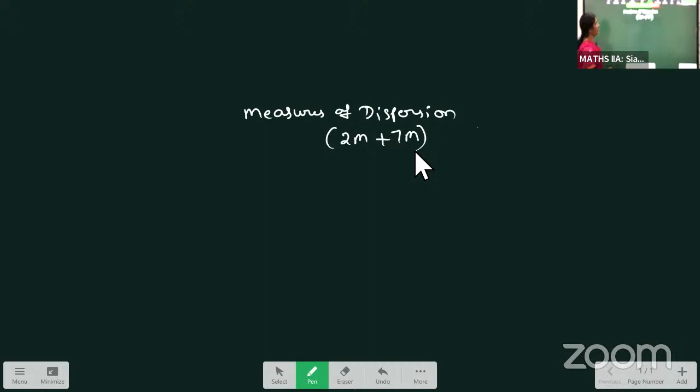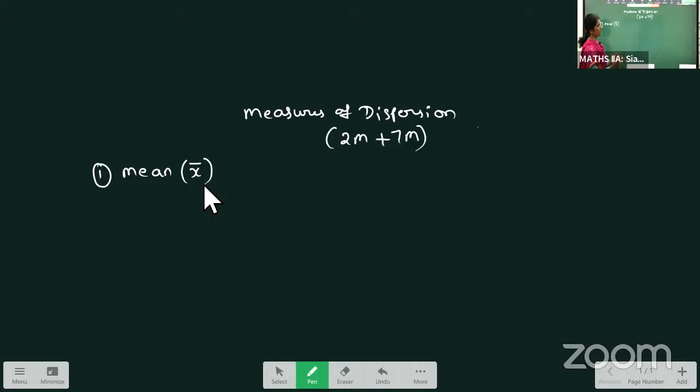Before going to that, we will learn formulas of this chapter. Main thing, how to find out mean. Mean is denoted by X bar. If it is grouped data, the mean formula is separate, and if it is ungrouped data, the formula is separate.